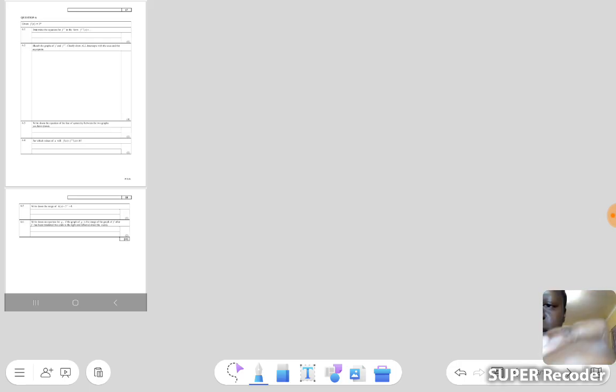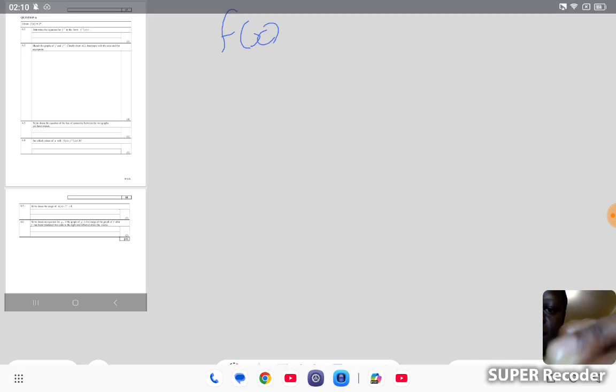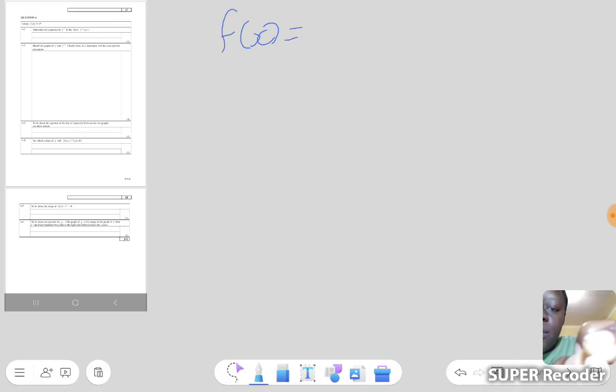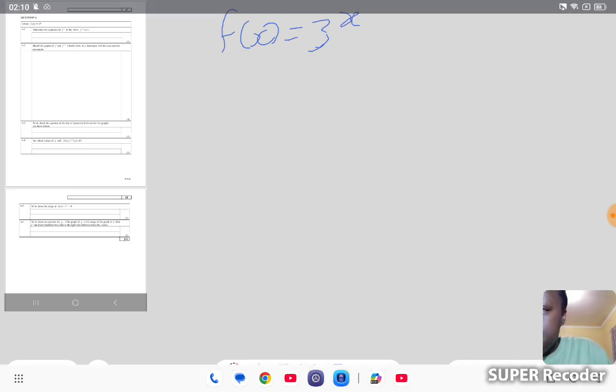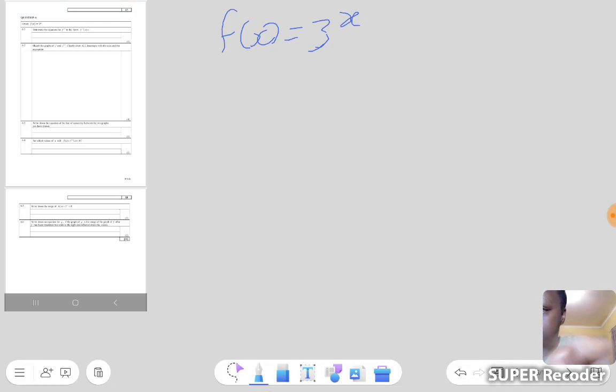So we are given f of x equals 3 to the power x, and it says, determine the equation of the inverse of f in this format.